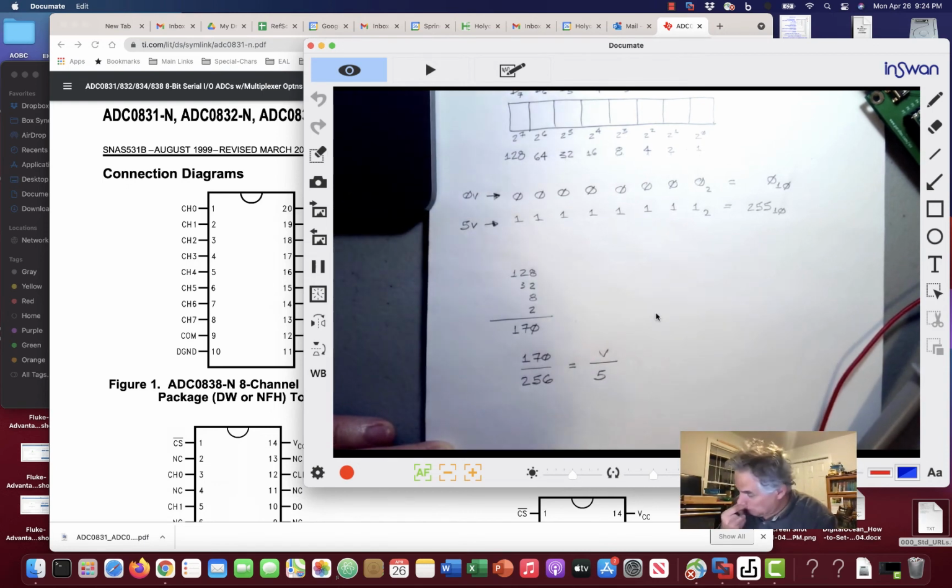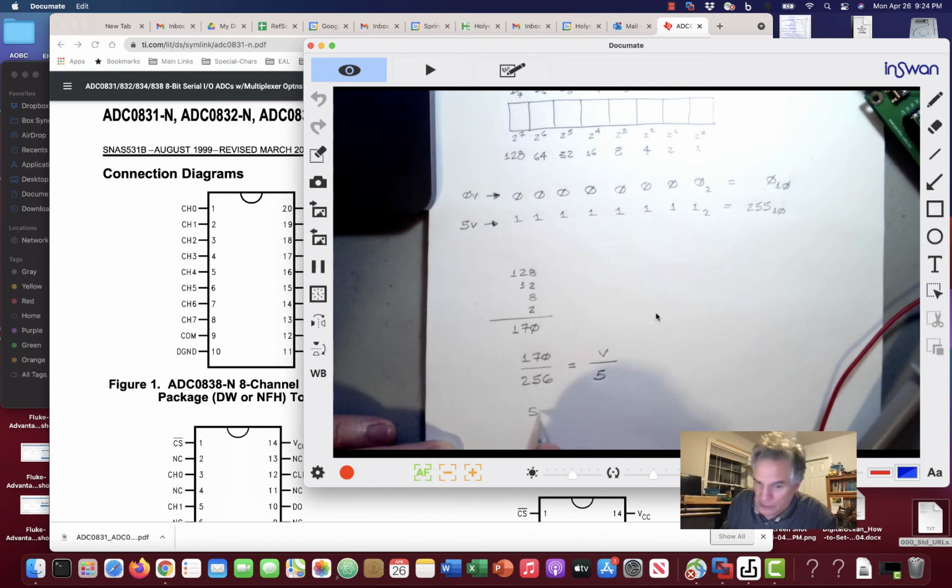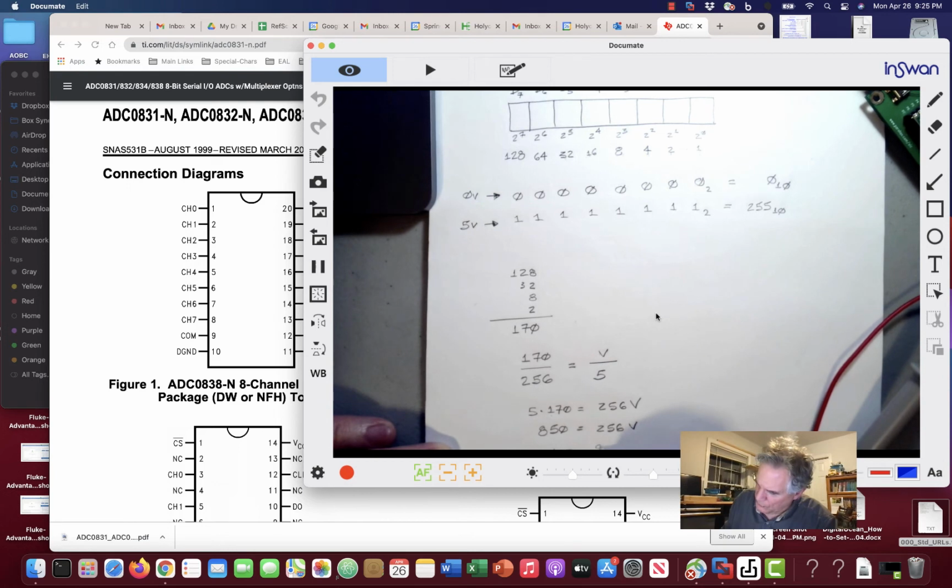Okay. So now you could cross multiply here and get 5 times 170 equals 256 V, and this guy would be 500 plus 350, so this will be 850 is equal to 256 V, and V will be equal to 850 divided by 256.